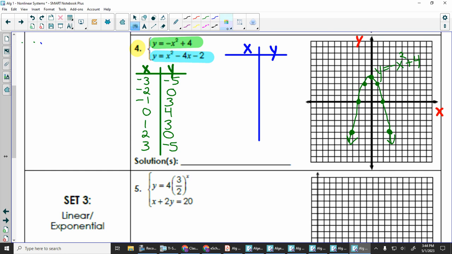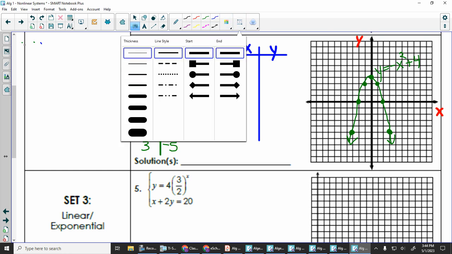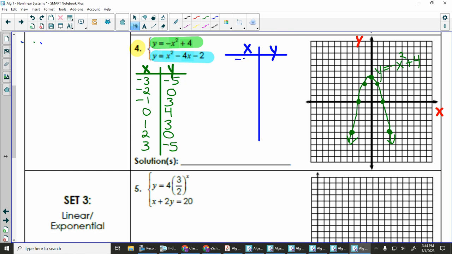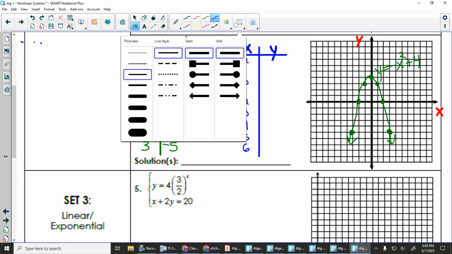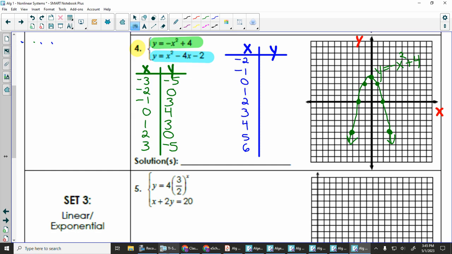So we're going to start at negative 2 and go to positive 6. So negative 2, negative 1, 0, 1, 2, 3, 4, 5, 6. Make my table a little bit longer there. Okay, and now we're going to fill in our y values.